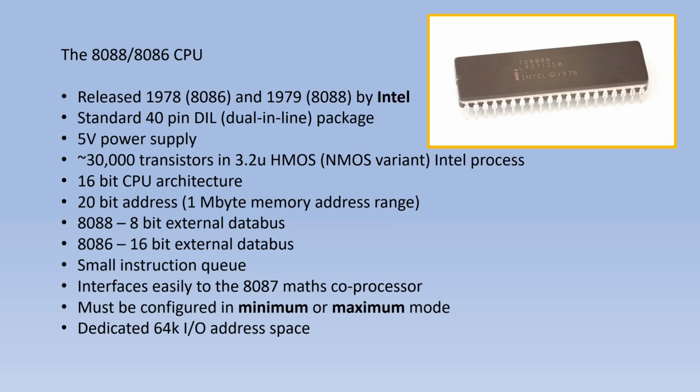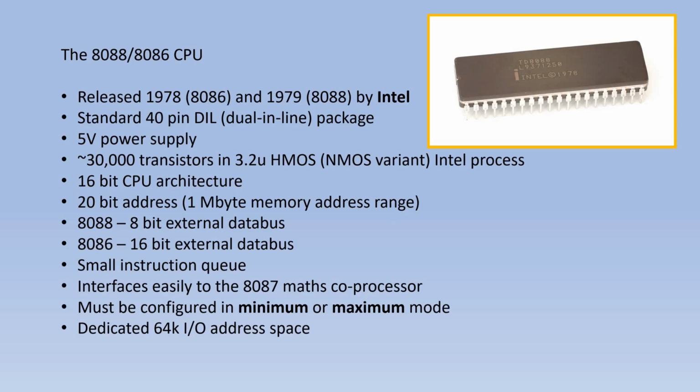As is common for the time, the 70s and 80s, microprocessors and microcontrollers would normally be packaged in a 40-pin dual inline package. It has a 5-volt power supply, it's got about 30,000 transistors, and the process is 3.2 micron.